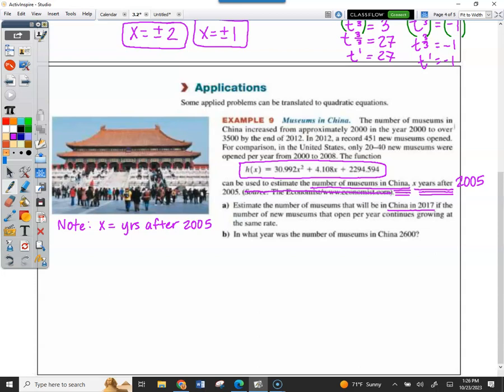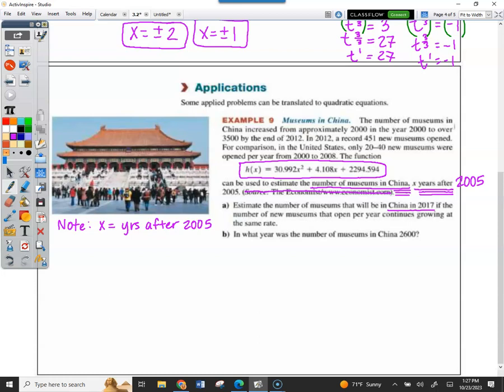That really long sentence is simply giving you a question to say, evaluate X at this number and tell me what you get. They're saying, assume that the rate that it's opening stays the same. Otherwise, your function wouldn't be useful if we couldn't go with it.